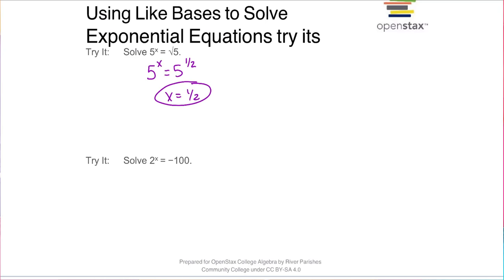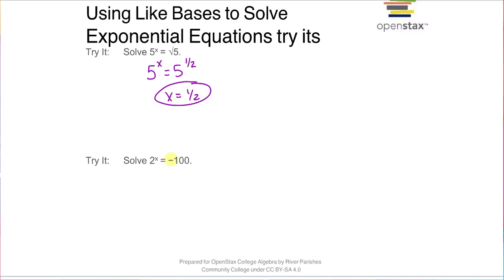But look at this one. 2 to the x equals negative 100. What you'll notice first is that I don't think that they have a like base in common that we could convert it to. But the next thing you notice is that there's a negative in front of the 100. So we're saying 2 to some power equals a negative 100. Well, that's not possible.